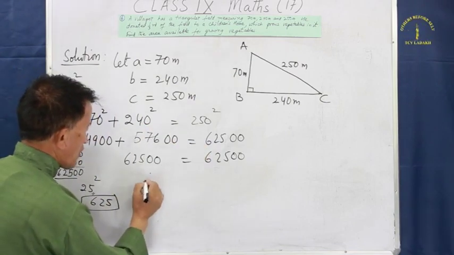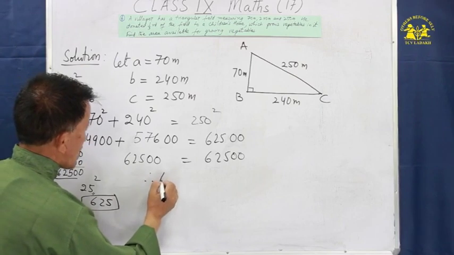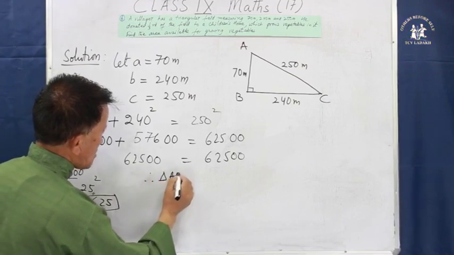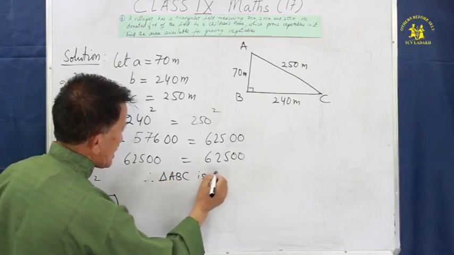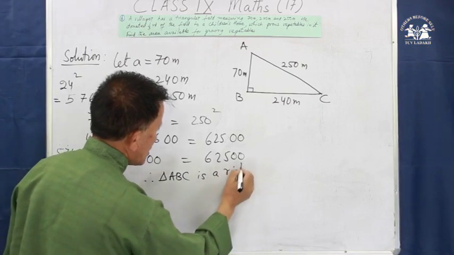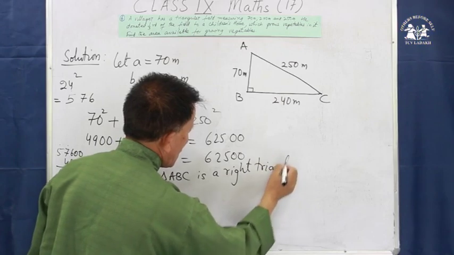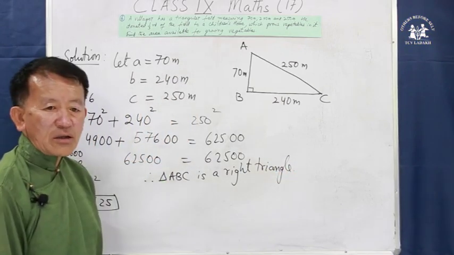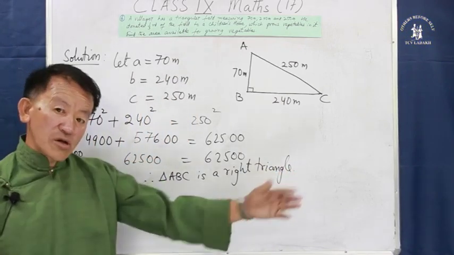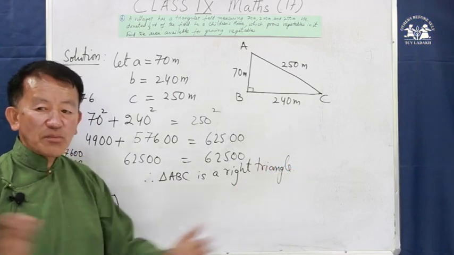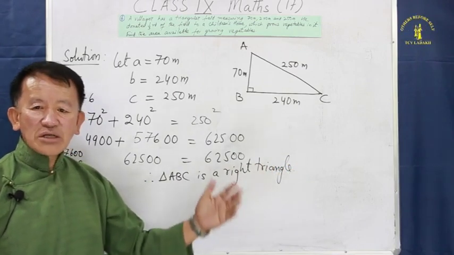Therefore triangle ABC is a right triangle. So instead of using Heron's formula, we can use the simple formula, that is half base into height.